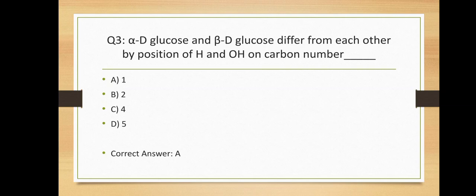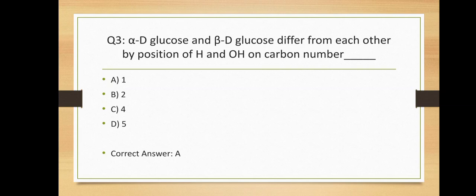Look, alpha D glucose and beta D glucose are an example of anomers, and anomers of a carbohydrate only differ in their structure at the anomeric carbon. Anomeric carbon is the functional group carbon of the carbohydrate, which is usually the carbonyl carbon.